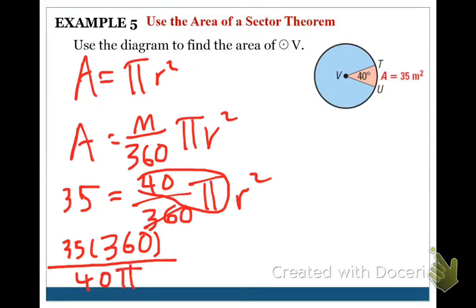And we get that equals r squared. Remember when you divide by 40 pi, you put the 40 pi in parentheses.